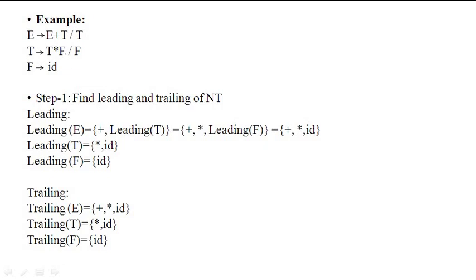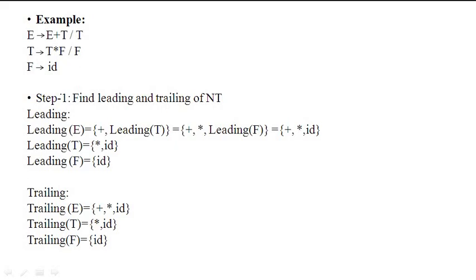So put plus and another production is non-terminal, so again repeat this procedure. So plus comma leading of T. For T, first terminal is star, then other production of T is F. So plus as it is, then leading of T is star comma leading of F. Leading of F, first terminal ID. So leading of E is plus, star and ID.